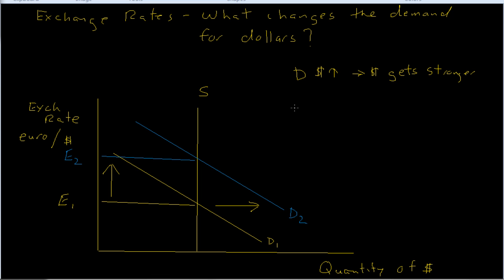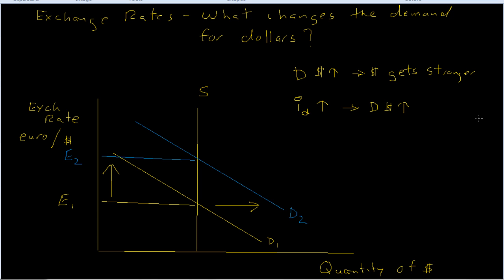Well, interest rates are one thing that cause the demand to go up. If the domestic interest rate, and I'm going to note that by ID, goes up, demand for dollars goes up. Why? Well, think about it. If you're an investor and you have the choice of investing in euros, okay, you're in Europe and you can invest in some bank in a country that uses euros, and the interest rate in the U.S. goes up, what's going to happen?